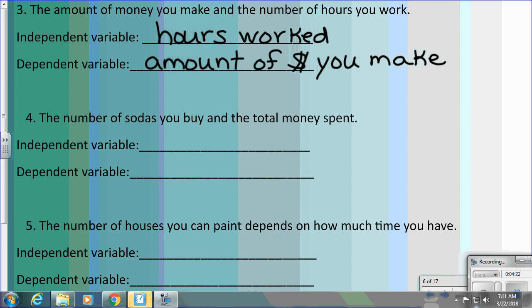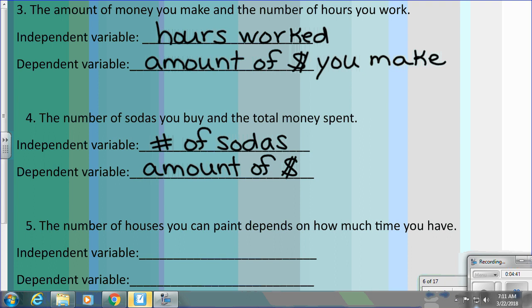Next, the number of sodas you buy and the total money spent. The independent variable is the number of sodas you buy, and the dependent variable would be the amount of money you spend. The amount of money you spend depends on how many sodas you buy.